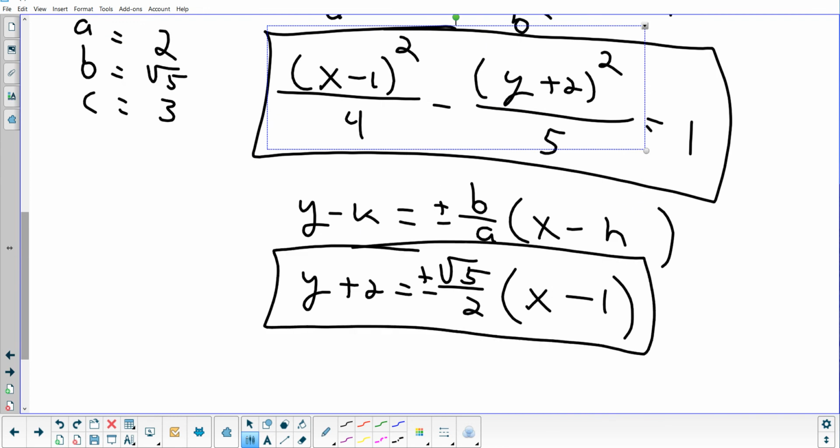There's the equation of your asymptote in point slope form. If you wanted to get it in y equals mx plus b form, you could distribute that out, and hopefully that number would actually be nicer. But you could distribute that and then subtract 2, yes. I won't do it on this one because that's not a good example to do it with. Question on that?